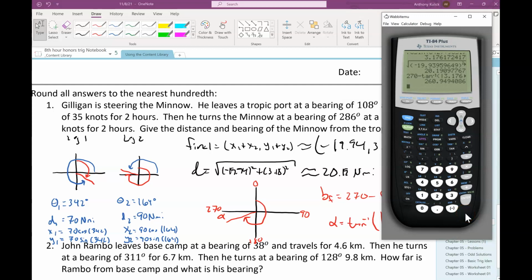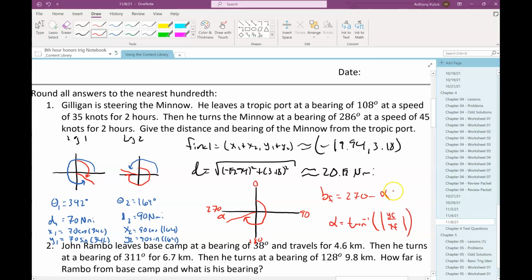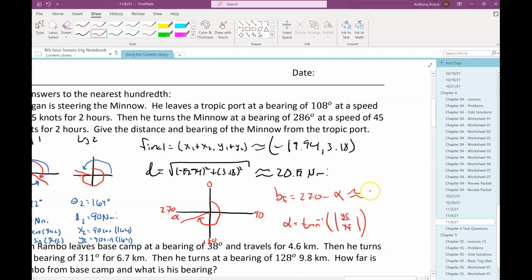So I get about 260.95. That feel okay there, Jakeruski?